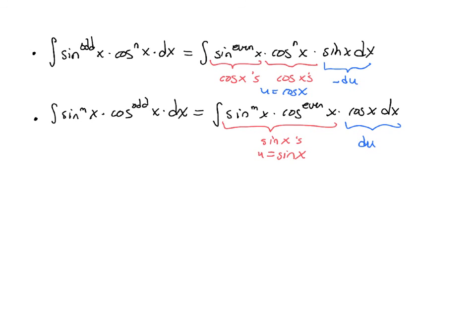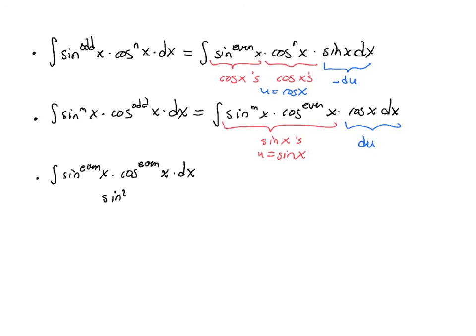So these two cases deal with the situation where one of your exponents is odd. The only remaining case is when both of the exponents are even, and in that situation you need to use the squared identities for the trig functions.